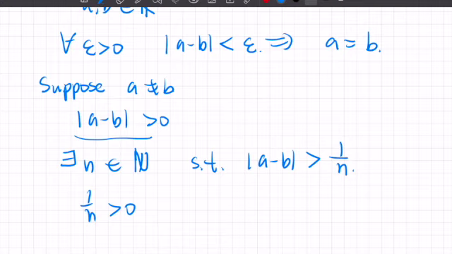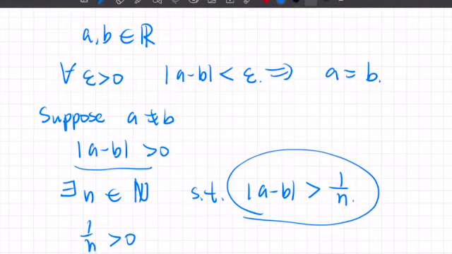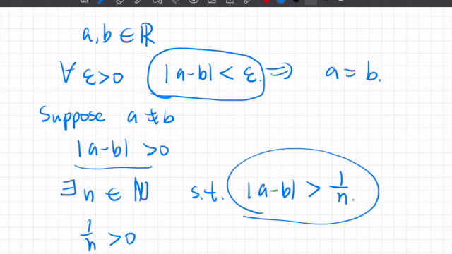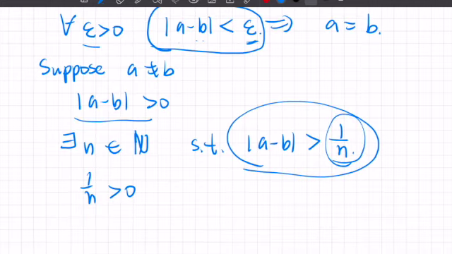So this contradicts the statement, right? It says for any positive real number epsilon, |A minus B| must be less than epsilon, but it is greater than 1 over n, which is a positive real number. So it's a contradiction. Therefore, A must be equal to B.